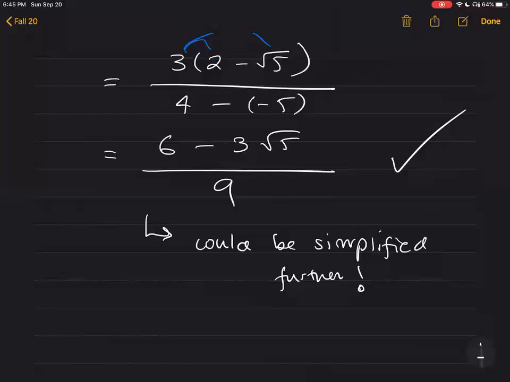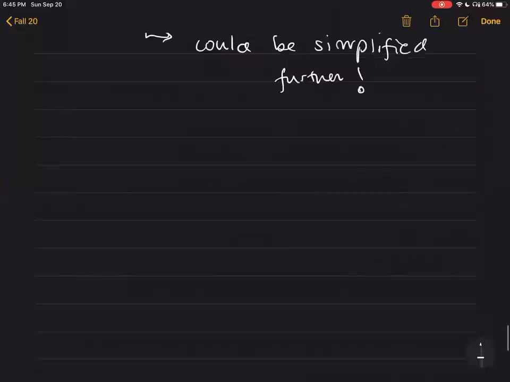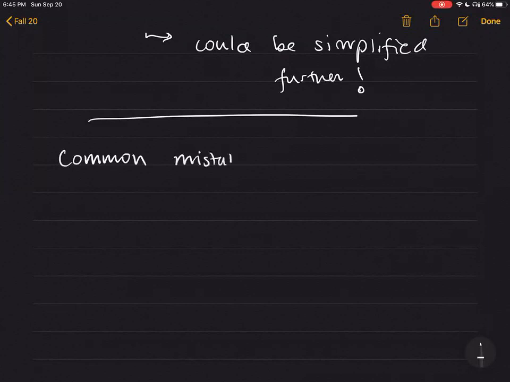Cool. Now, I'm going to leave you with a warning on common mistakes.